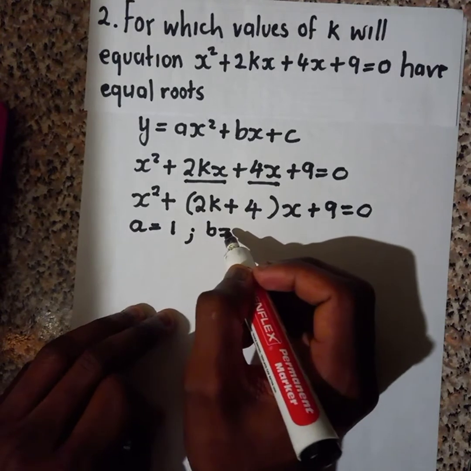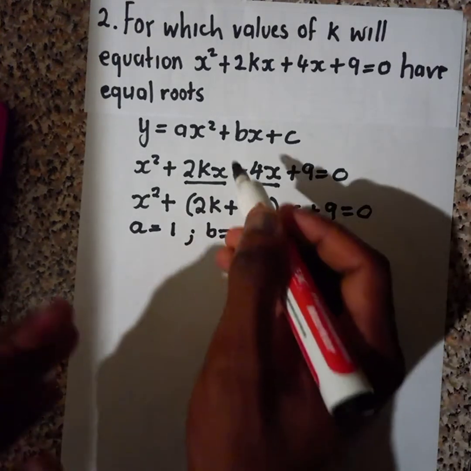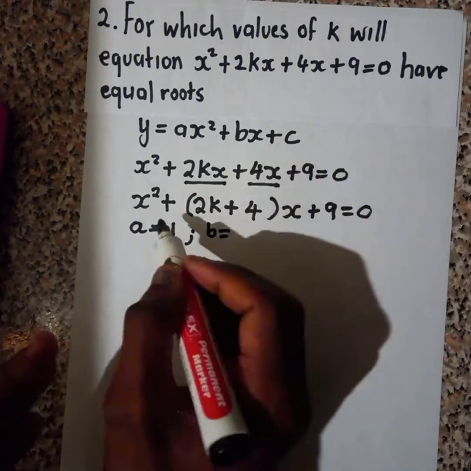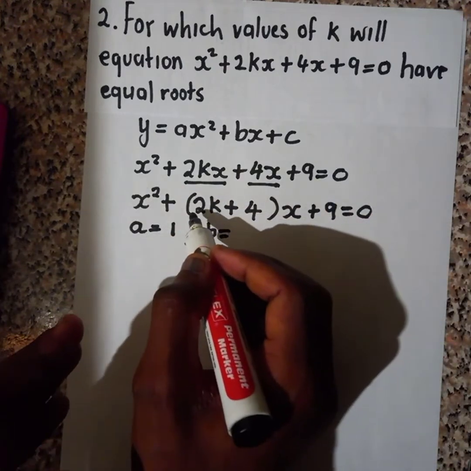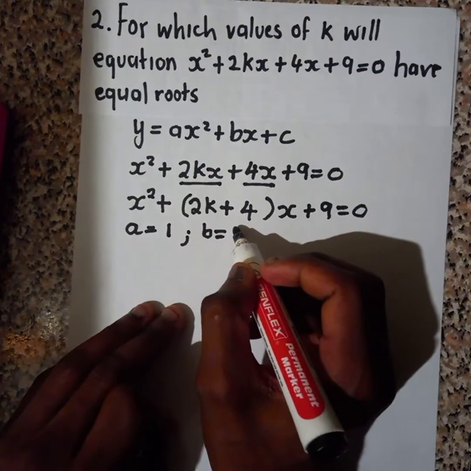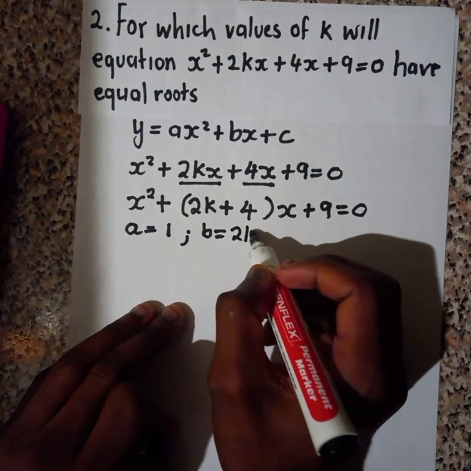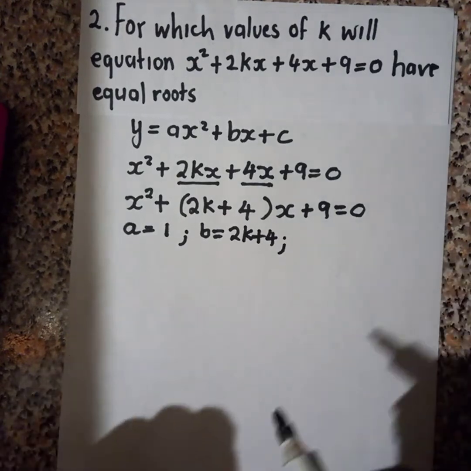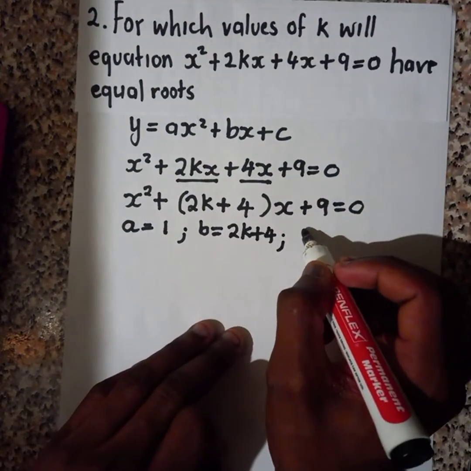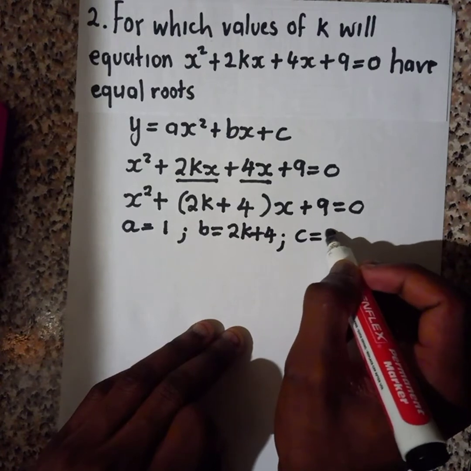Your b is any value which is next to x. In this format, your b will be the expression 2k plus 4. Then your c, my fellow learners, will be your 9.